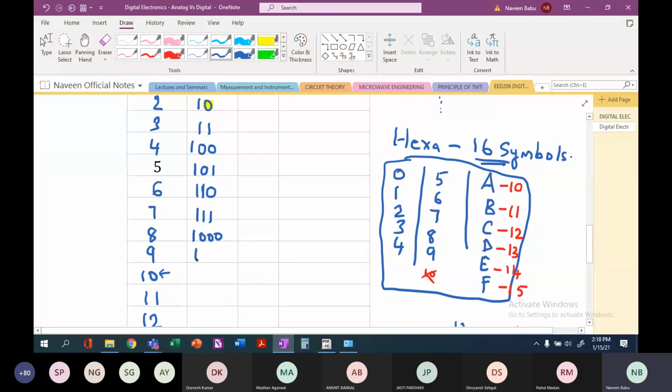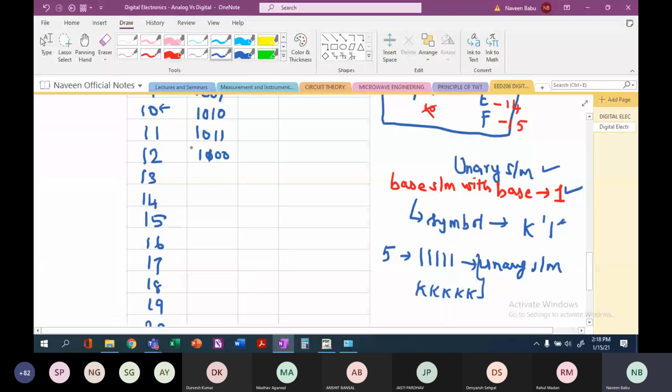Then again it repeats this process: 1 0 0 0, 1 0 0 1, 1 0 1 0, 1 0 1 1, 1 1 0 0, 1 1 0 1, 1 1 1 0, 1 1 1 1. And then from 4 bits we go to 5 bits now, 1 0 0 0 0. We have got 5 bits now.